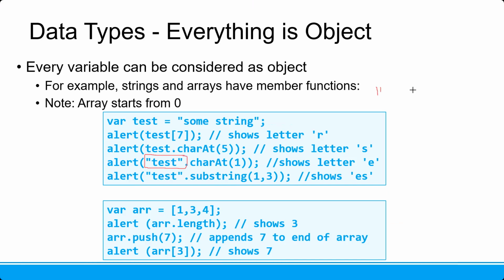Okay, using the double quote means this is the string. So this is the string that I want to look at. So the character at the index 1 from test, it is E. So not from this test. So please distinguish between the test here, which is the variable name, and the test here, which is a string.